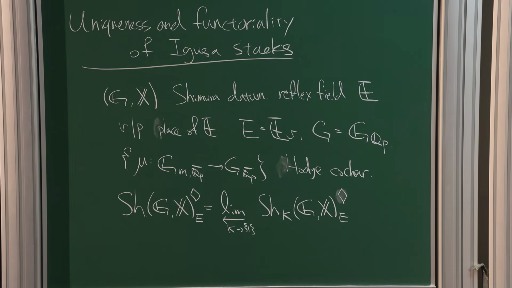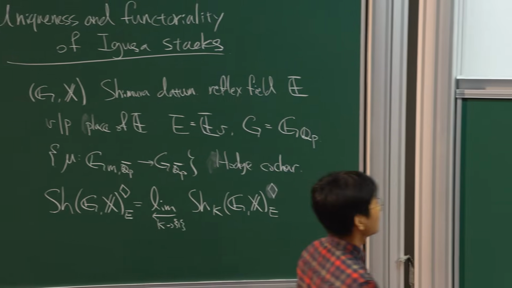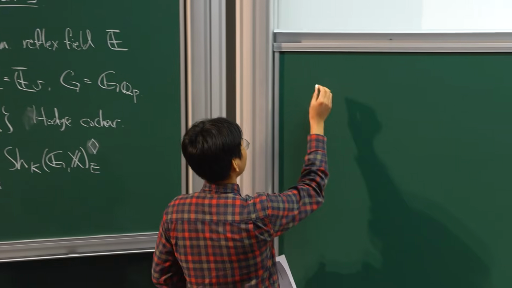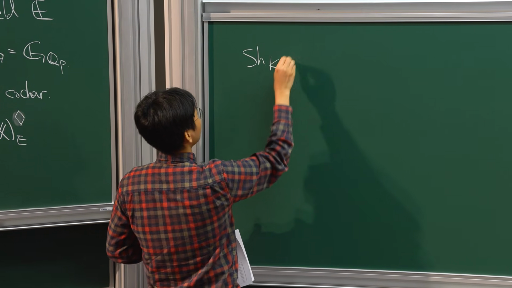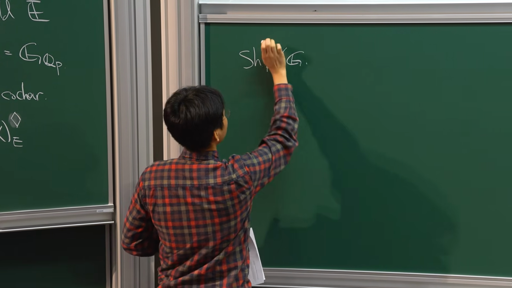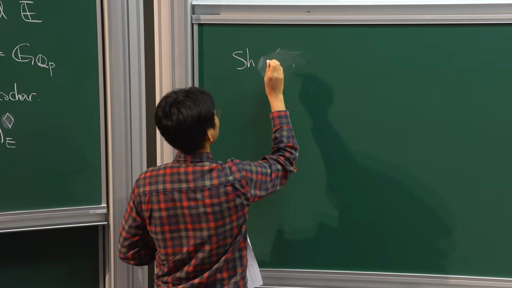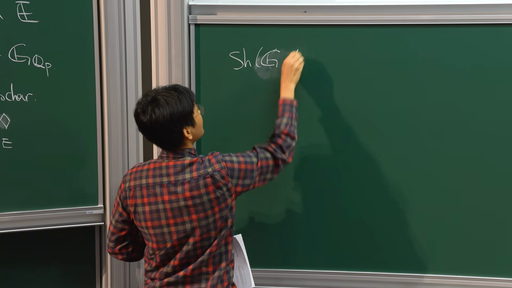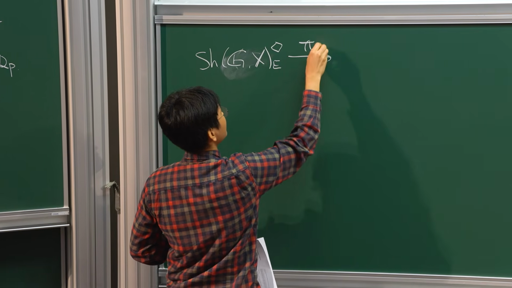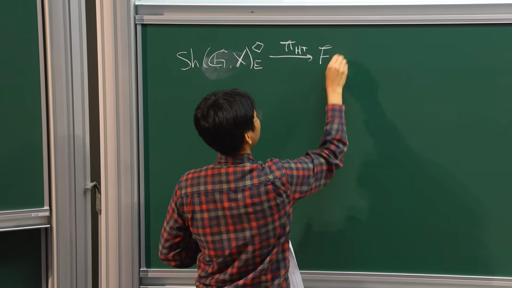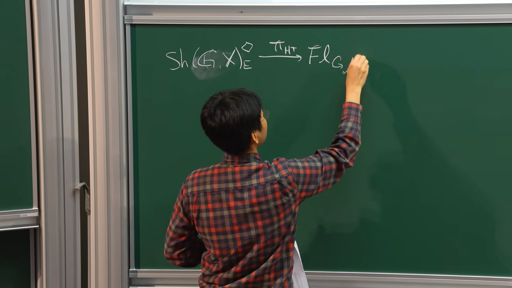And in the first talk, Mingzhe Zhang introduces this Hodge-Tate period map from the Shimura variety of G, X to the flag variety for mu inverse.